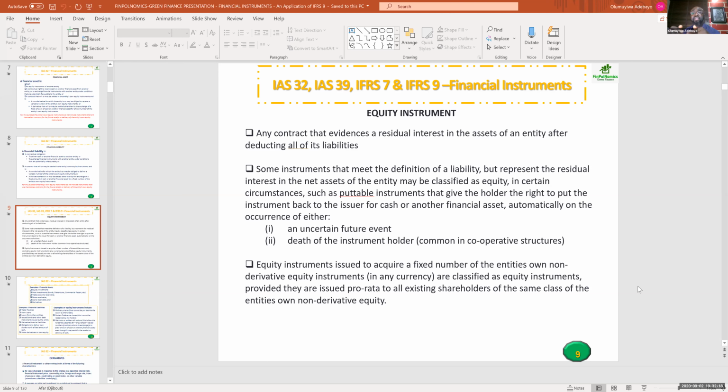Payment of dividend is at the discretion of the entity. Peradventure, the entity is not performing and people are not interested in the equity of the company. They can look for another person who is interested in buying such equity, because the company is not obligated to make settlement, since it does not require settlement.